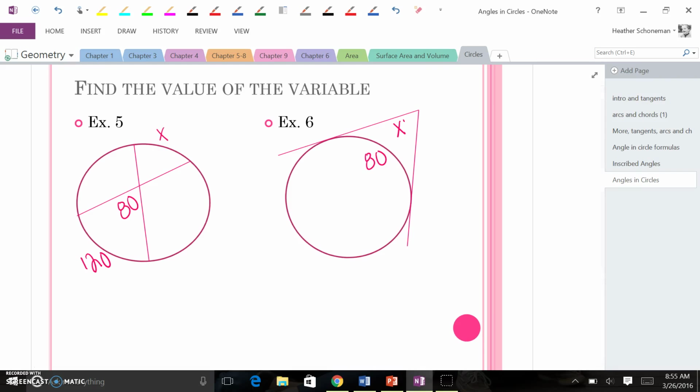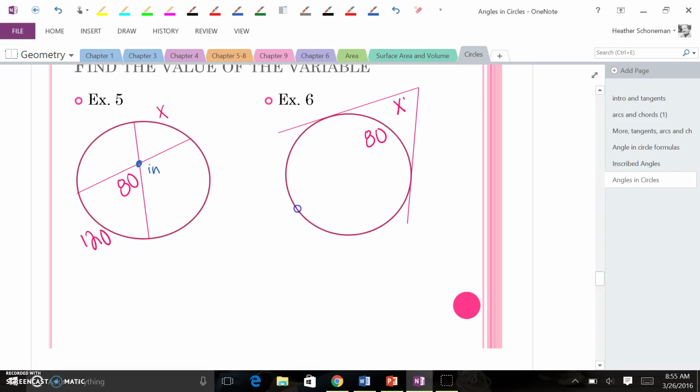Example 5. Where's the vertex? Well, it's inside the circle. So when it's inside the circle, well, this time the angle is an x. 80 is x, but it's still the angle, which is 80, equals 1/2 the sum of the two arcs. So here's one arc, here's the other arc. So we're going to have to add them together. Now, when it's all numbers, I can take 1/2, but I can't take half of x.